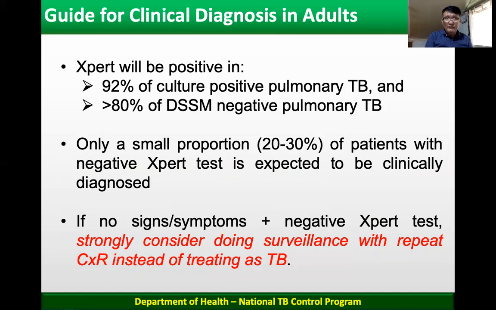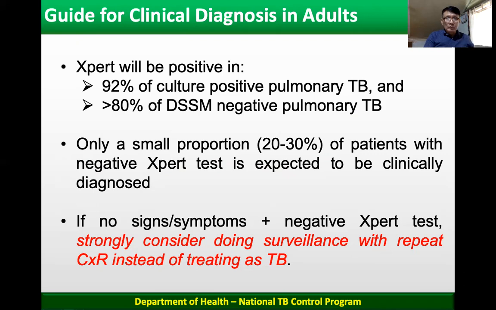So when we have the GeneXpert machine installed in our facility, we would expect that at least 80% of our patients are positive for pulmonary TB, and only around 20 to 30% will be clinically diagnosed TB. And we really like to see more of the BC rather than the CD proportion.